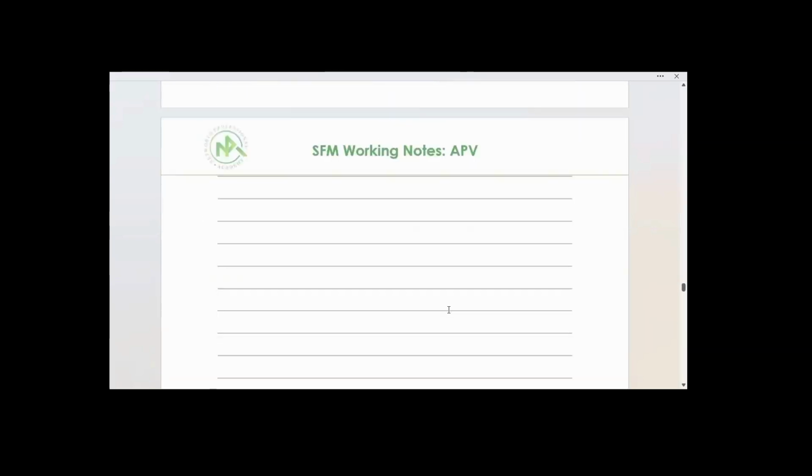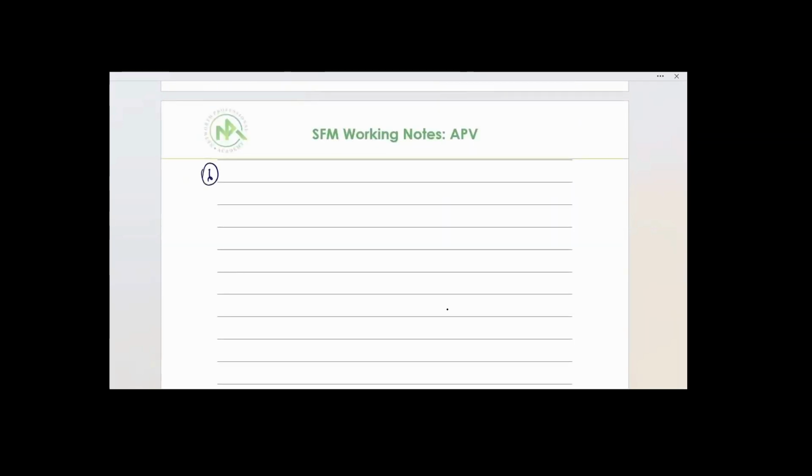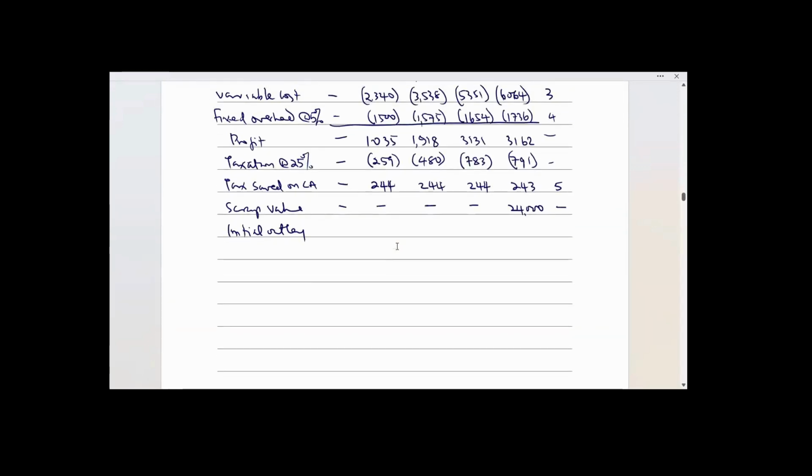Number 6, initial outlay, which is equal to 16,500,000 plus 4,500,000 equal to 21,000,000. That's our initial outlay. Here is 21,000.